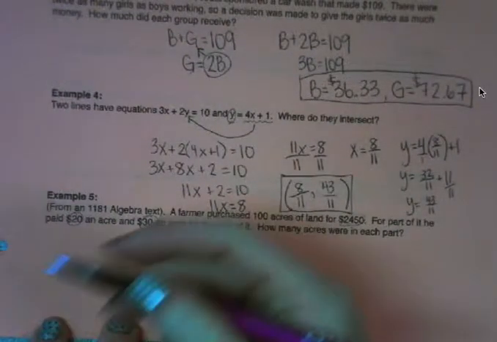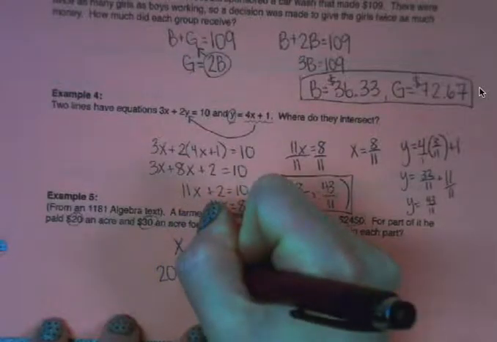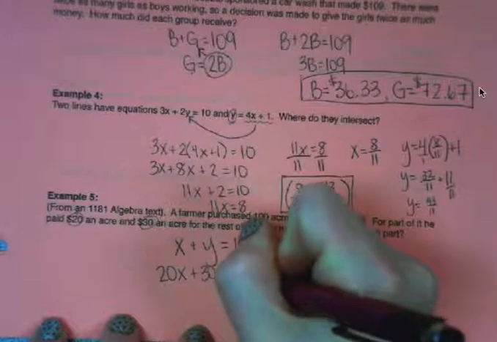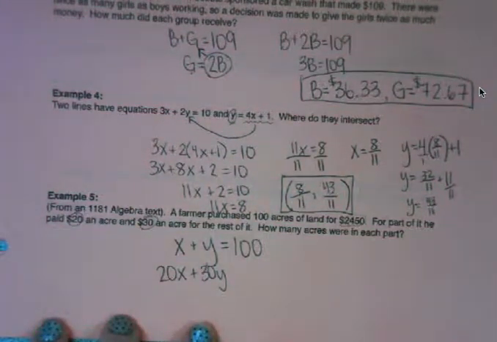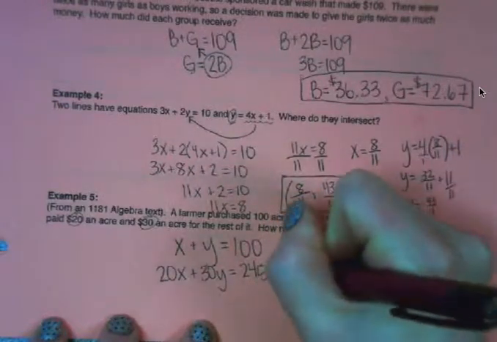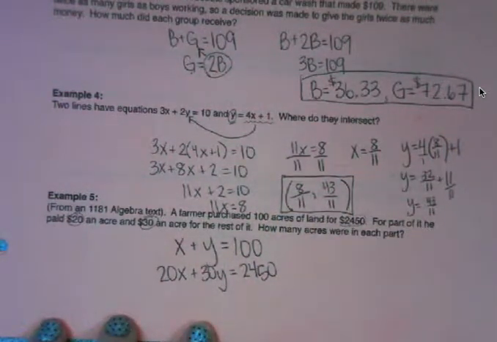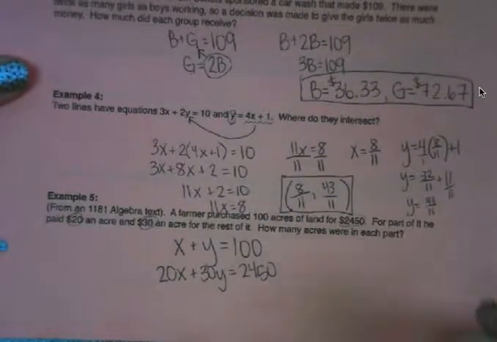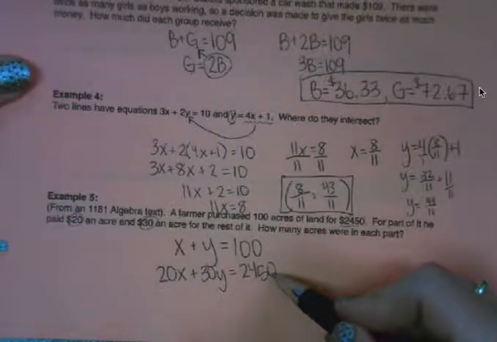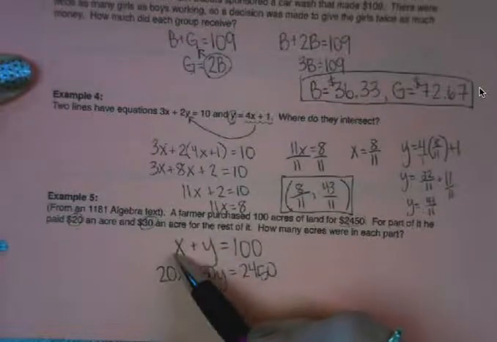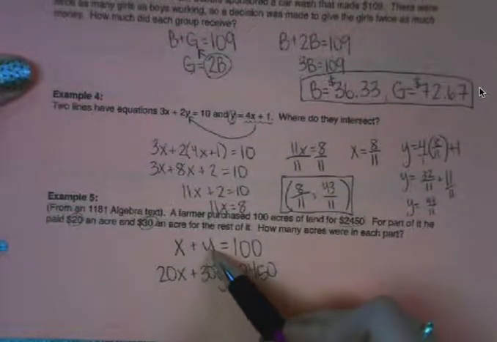He paid $20 an acre for some of it, and $30 an acre for the rest of it, for a total of $2,450. You're probably saying now, if we want to do substitution, we need something solved for. And you're right, but look at this equation. It would be so easy to solve for either x or y, so we're going to do that first.